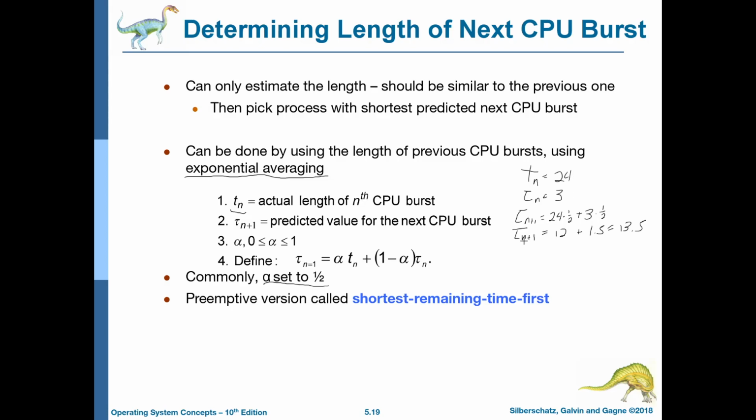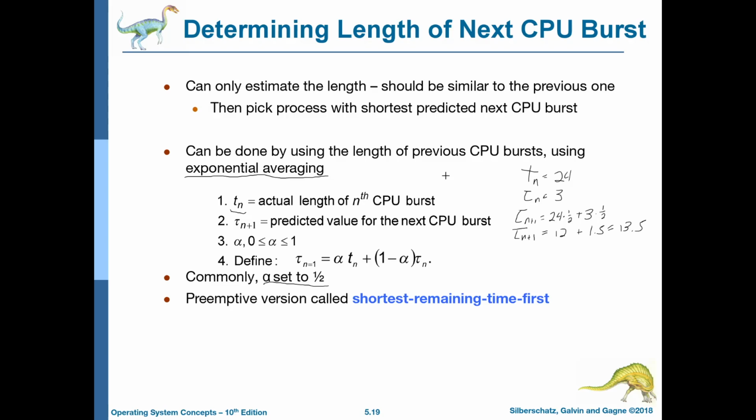And this is actually a fairly reasonable guess depending on the last value that we received. And whenever it comes to tau n plus 2, it's going to take that guess and whatever the previous actual burst time was. And so this will go up and down depending on how the burst times go. This exponential averaging allows us to predict how long a particular job's CPU burst might be, and then allows us to choose the proper scheduling for that time.